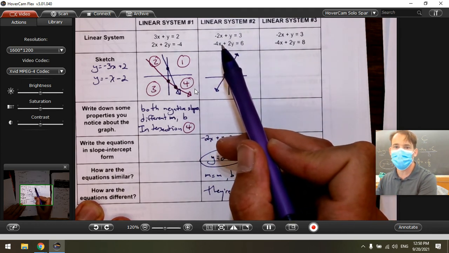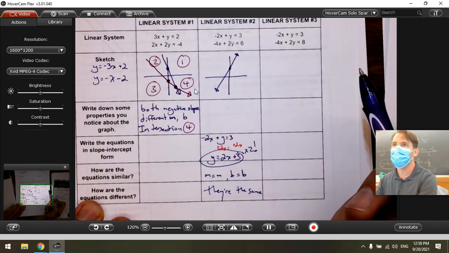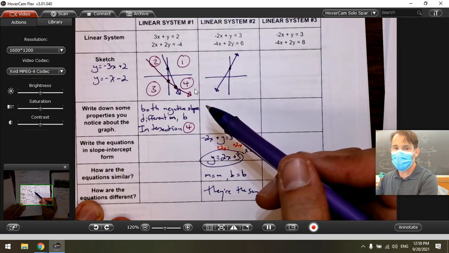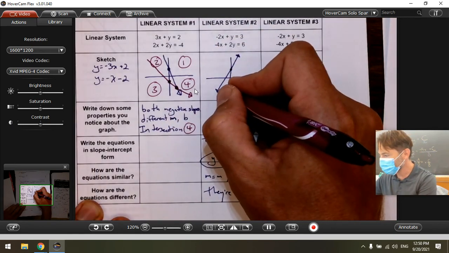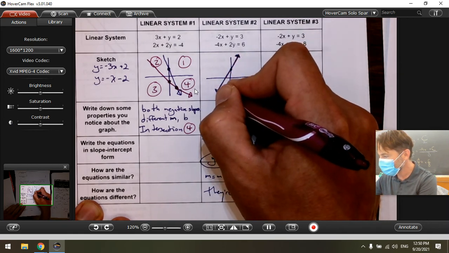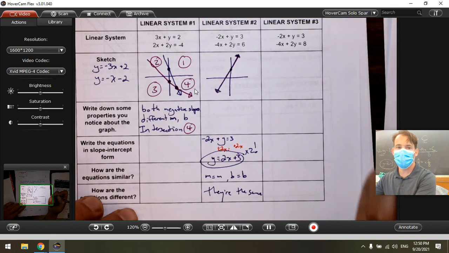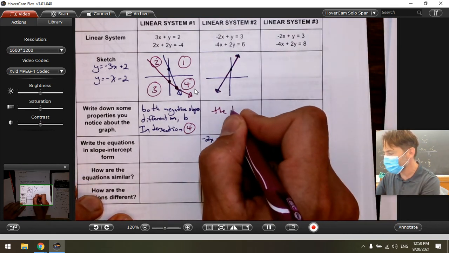But you'll notice if I divide this equation by 2 on both sides, I'd get that equation. They're the same. And that's why when I graph it, I can only graph one line. Or I could take another color and graph right over that line, and that would also be fine. Okay? Because the 2 lines are the same. So what are the properties I notice about the graph? The 2 lines are the same.